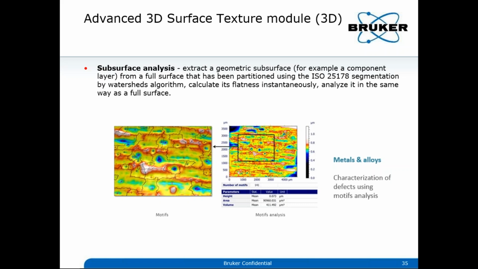We have an ISO standard watershed algorithm that you can use to segment the different parts of the surface, and according to this ISO compliant algorithm, you can segment it and then do the analysis. For people who study this, you should be very familiar with this analysis, where you segment the surface that you scan according to the ISO standard, and then do further analysis like height, area, and volume from there.